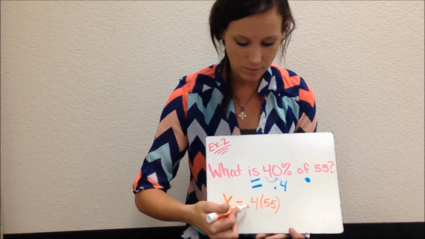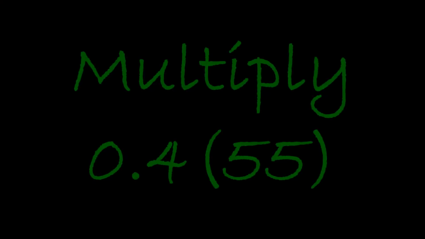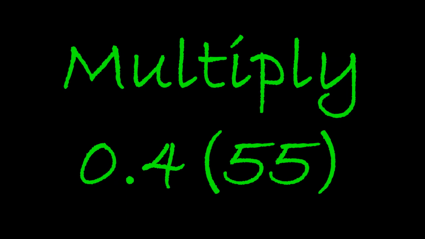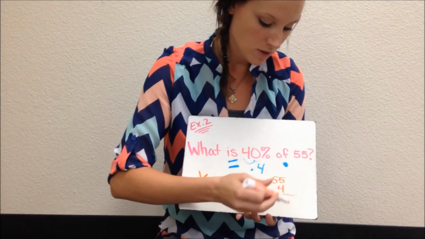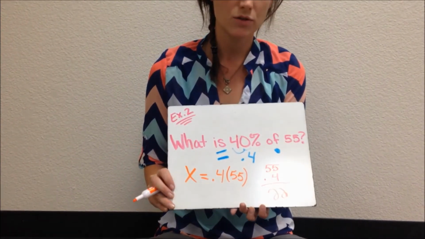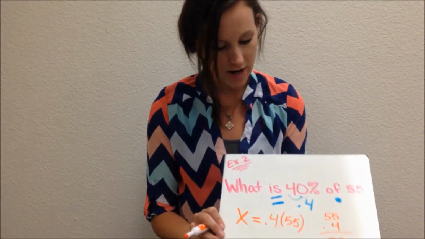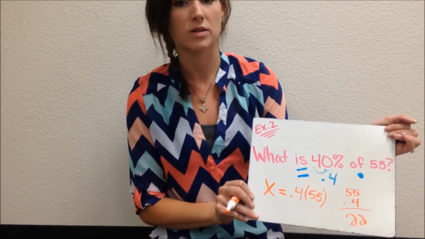You just have to go ahead and multiply 0.4 times 55. When you multiply 0.4 times 55, you get 22. So 22 should be your answer for your problem. What is 40% of 55? Your answer should be 22.